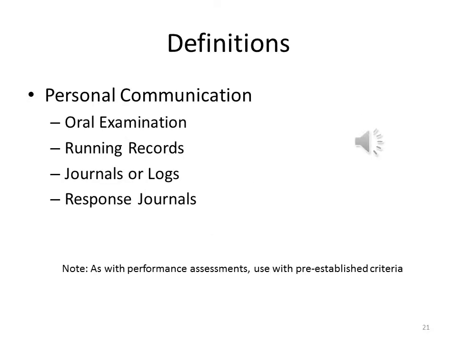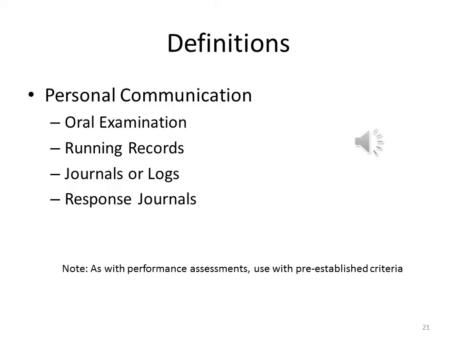In the target method match, personal communication includes assessments such as an oral exam, a running record where the student is reading and the teacher is observing. It could be a journal or a log. It could be a response journal.